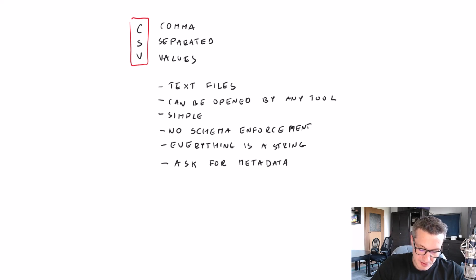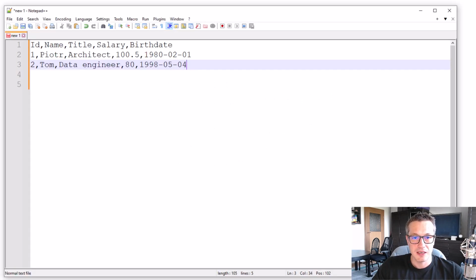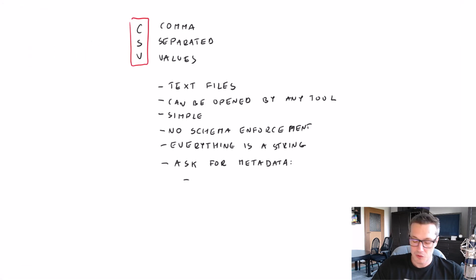And what do I mean by this? For example, in the case of our dates, we would like to know what the date format is. So, for example, is it year, month, day, or something different, right?